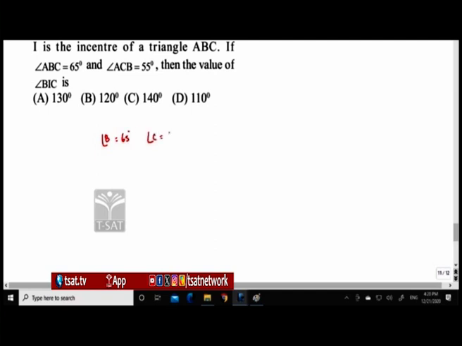Angle C is given as 55 degrees. Therefore, angle A: 65 plus 55 is 120, 180 minus 120 is equal to 60 degrees. Angle BIC is equal to 90 plus angle A/2, which is 90 plus 30, 120 degrees.